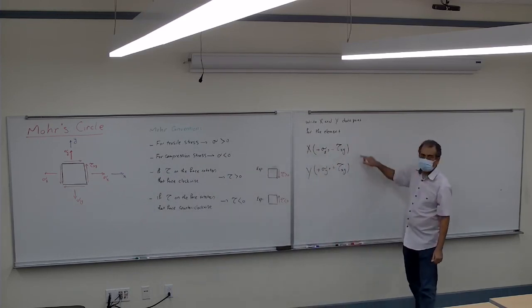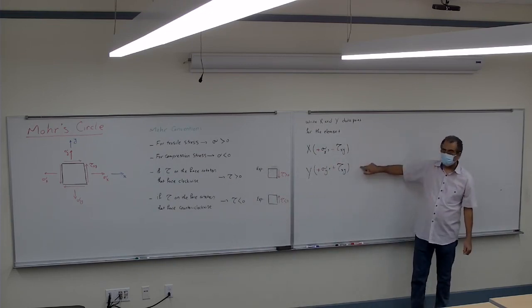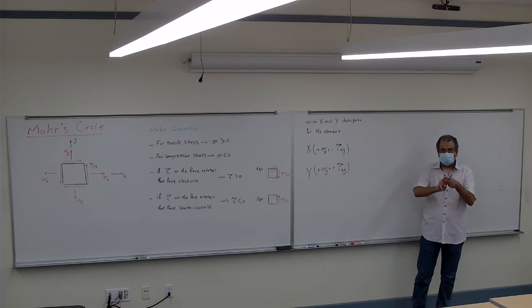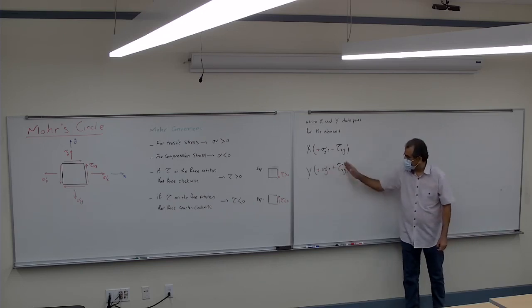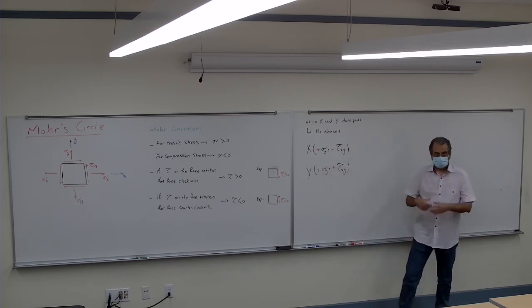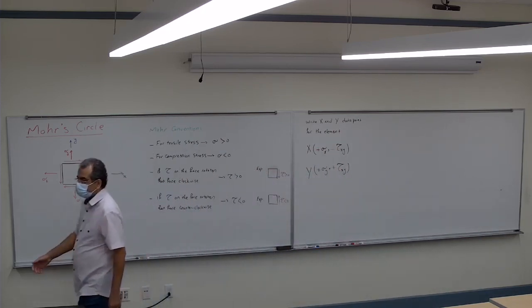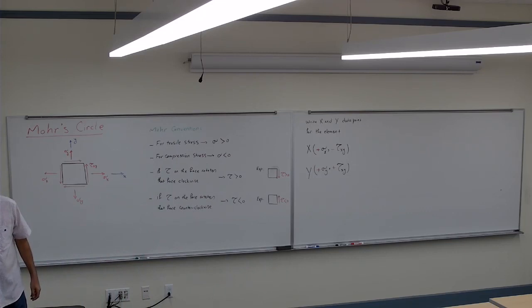Now I have two data points. I'm going to plot those two data points on the x and y axis, where the x is sigma and y is tau. So I'm going to make a coordinate system made of sigma and the stress.